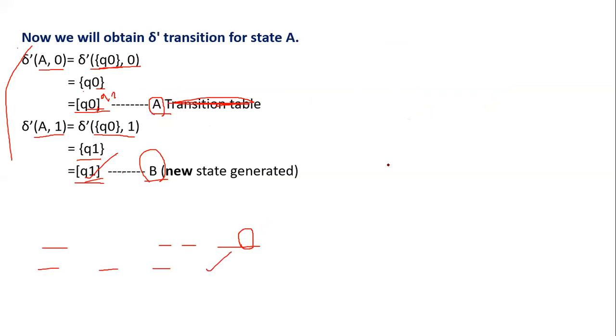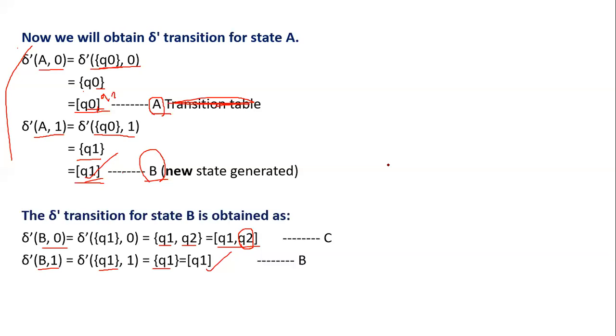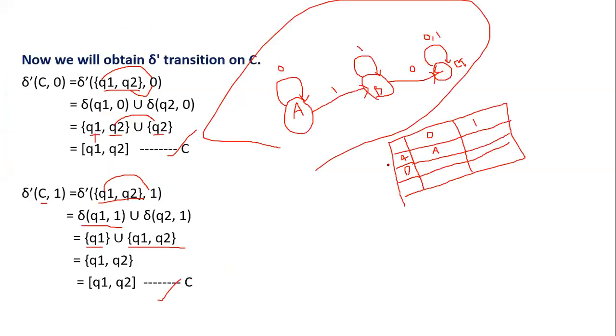Then if a new state arrives, you have to do the same process. For that new state, you have to calculate the transition function for all the inputs, B comma 0 and B comma 1. Here also, if a new state arrives, you go with the transition function, otherwise you can stop. Here a new state C has arrived, so you have to calculate C comma 0 and C comma 1. If two states are in a particular state, you have to use the union function.